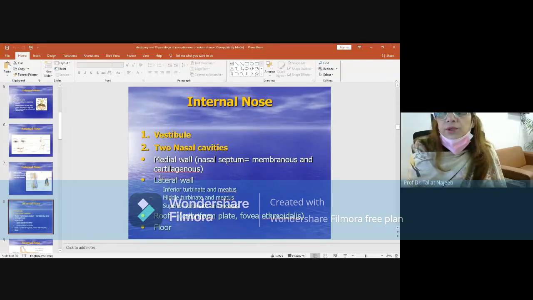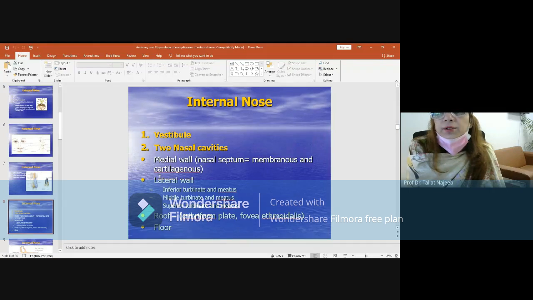Inside the nose, the most caudal regions of the septum and lateral walls are lined by keratinized skin, and this region is called the vestibule.